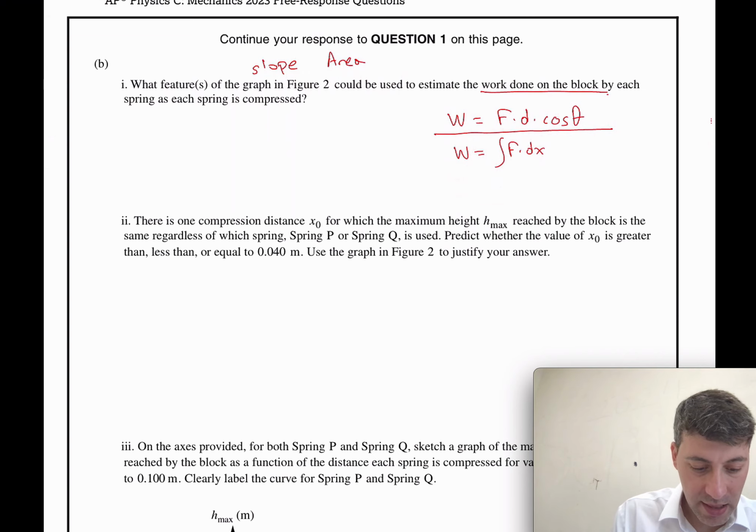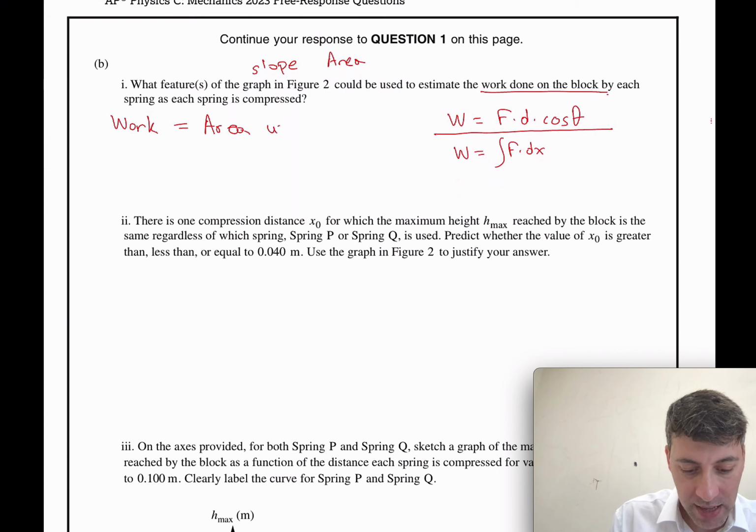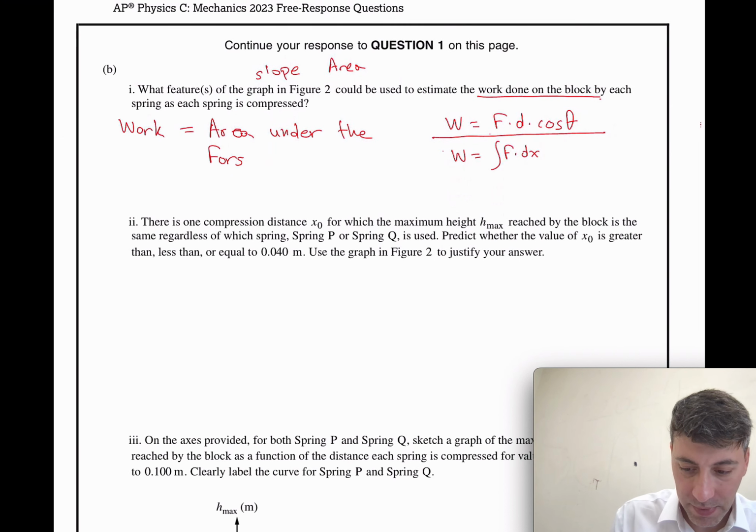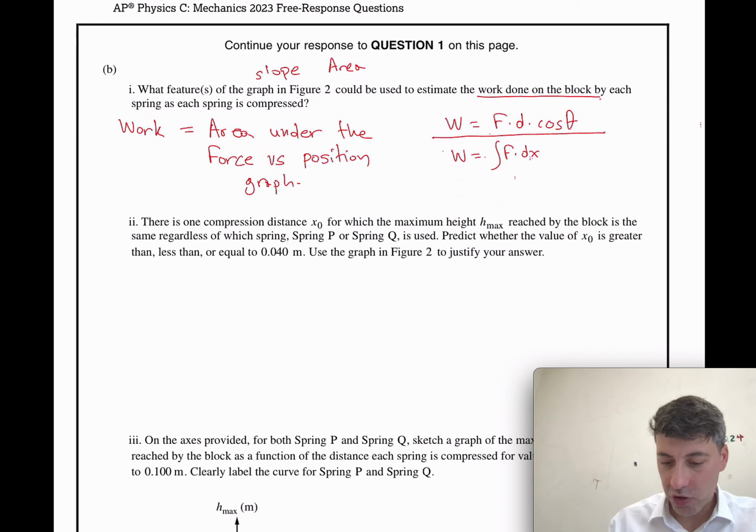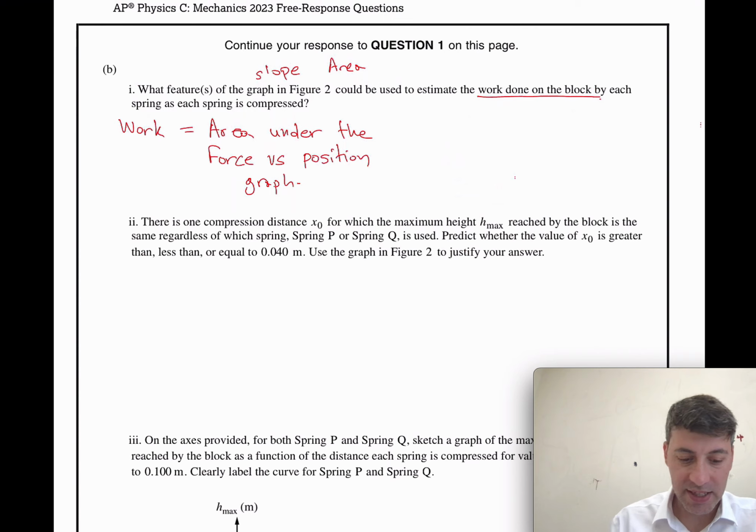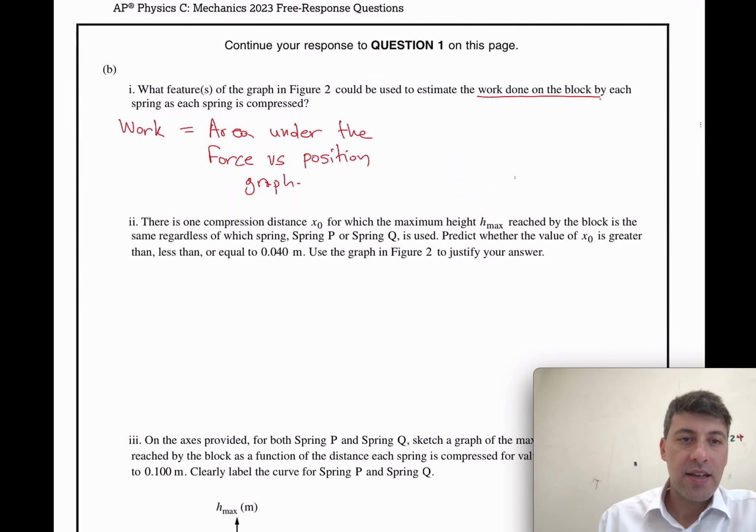So we should say that the work is represented by the area under the force versus position graph. So this is our answer for part B1.